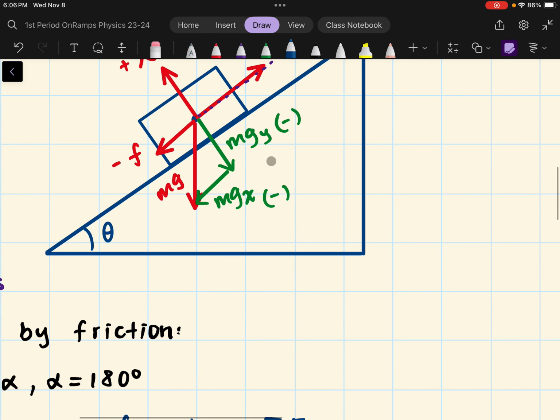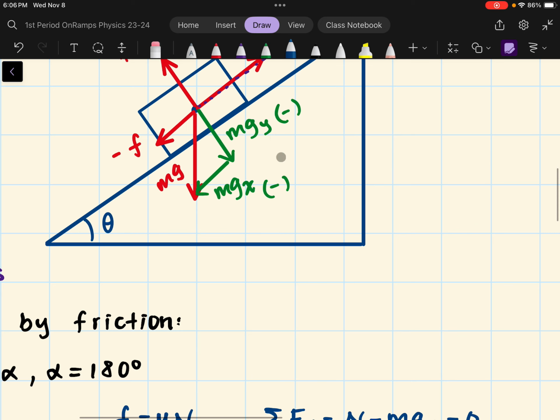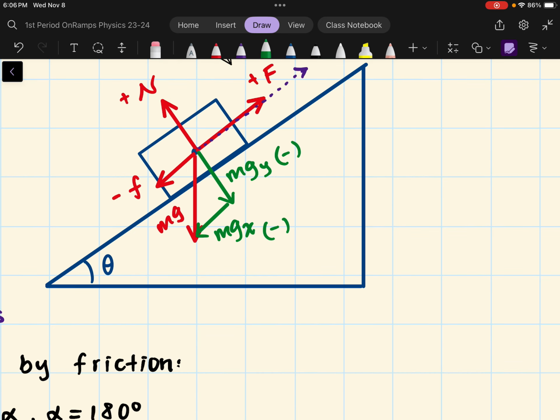We don't know what this is, mgy. However, I can see my right angle, and don't forget that this angle over here is theta. Let's try that again so it's not all crammed. So this is theta. If you apply trigonometry, I want to know information about mgy based on my right triangle and my angle theta. This is theta because this angle is based on the angle of the incline with a little bit of geometry.